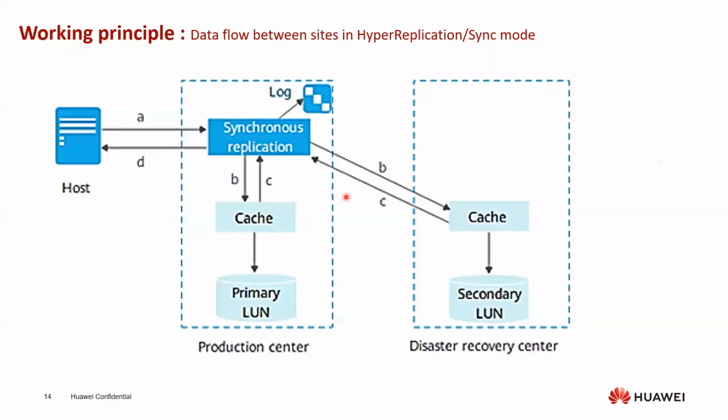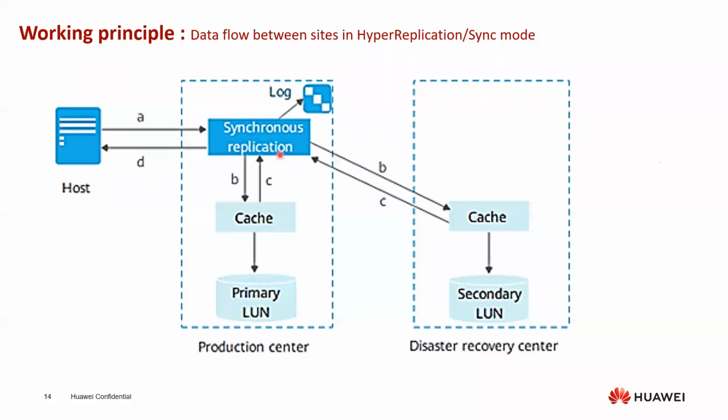This is my primary cache, this is my secondary cache. They are written at the same time, and the write goes to both storages. At the same point in time, both storages also give the acknowledgement, which is received by the replication engine, and then it is given to the host that the data is written successfully on both storages. So here the typical situation arises of how the host will get the acknowledgement.